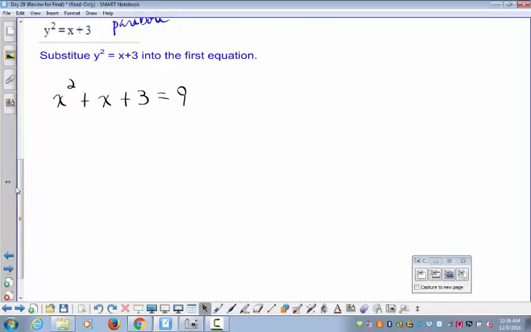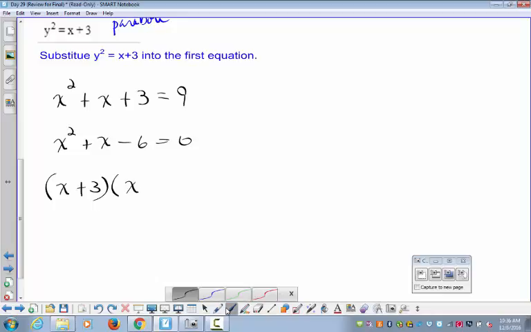Here we'll subtract everything grouped on the left. With nonlinear equations, we put everything to one side and factor. When we factor this, we get that x is negative 3 or 2. Those are two possibilities.